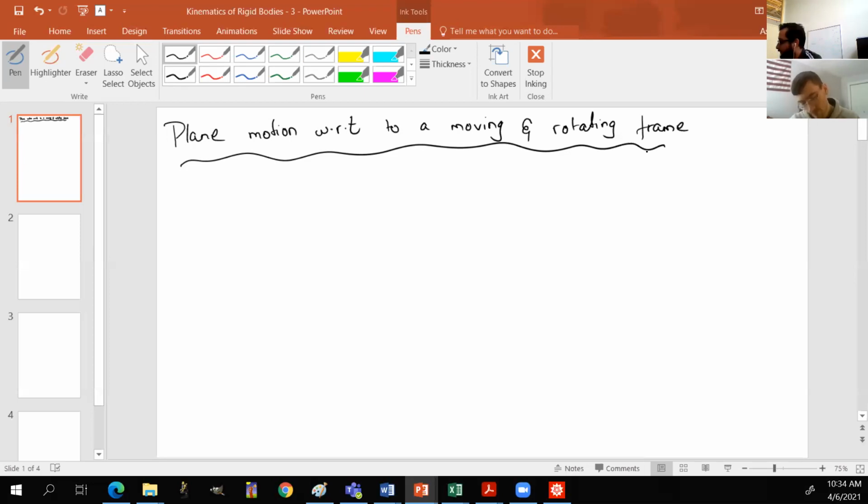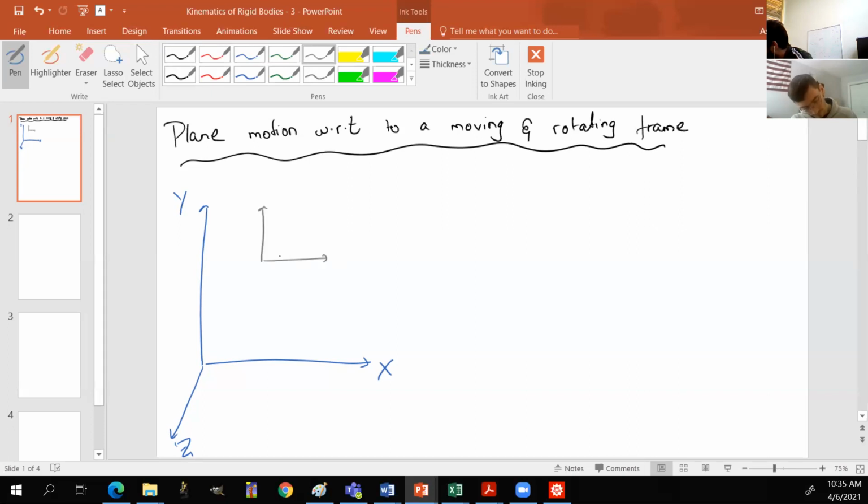All right, so what we have in this case is our fixed frame of reference. We're going to change things up now. We're going to say that the fixed frame of reference is capital X, capital Y, and capital Z. And then we've got our moving frame of reference, small x, small y, and small z.